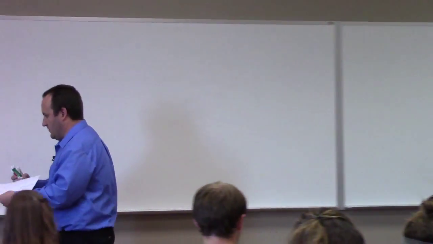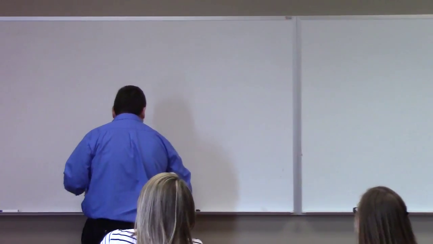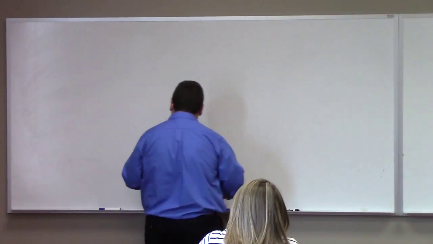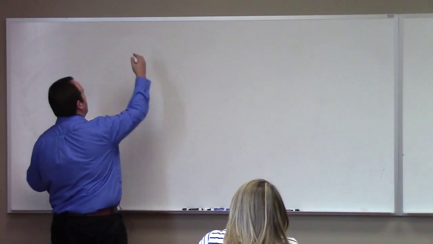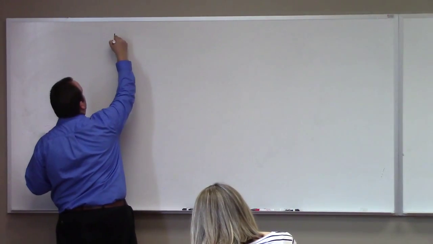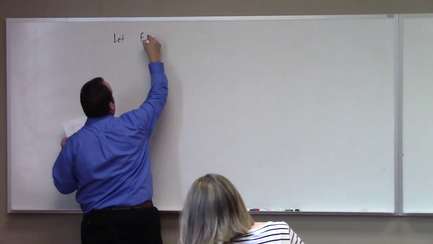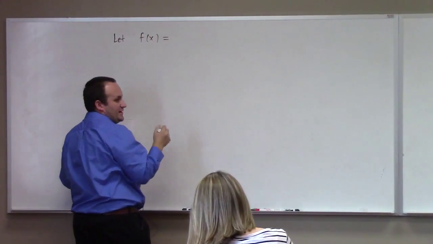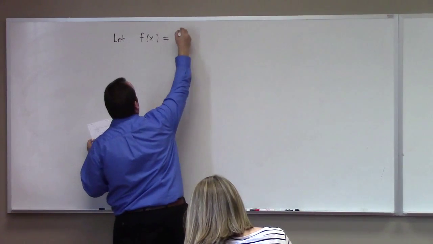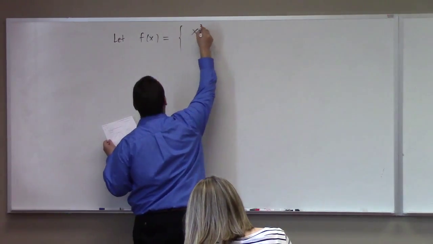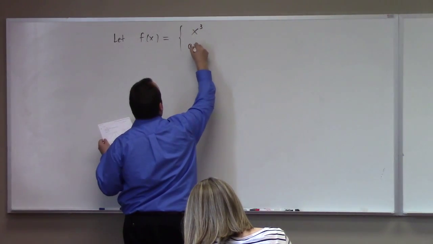So here, you remember we had the problem before where we had to find a constant to make the function continuous, right? Well, now it's kind of like that. I'm going to do a problem which is similar to your problem, but not quite the same. Let's suppose it's x cubed and ax plus b.